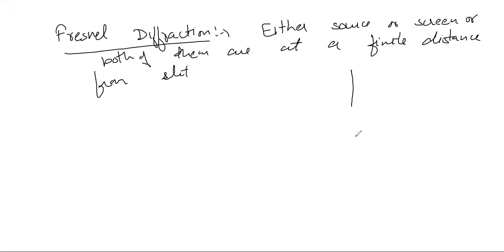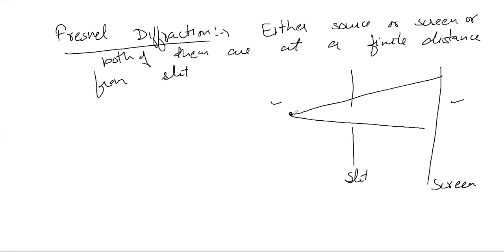Which basically means that if this is your slit, then your source is at a finite distance, or your screen is at a finite distance, or both of them are at a finite distance with respect to the slit here. So the diffraction pattern that you will be seeing on this screen is going to be a Fresnel diffraction pattern. Any of them or both of them are at a finite distance from the slit.